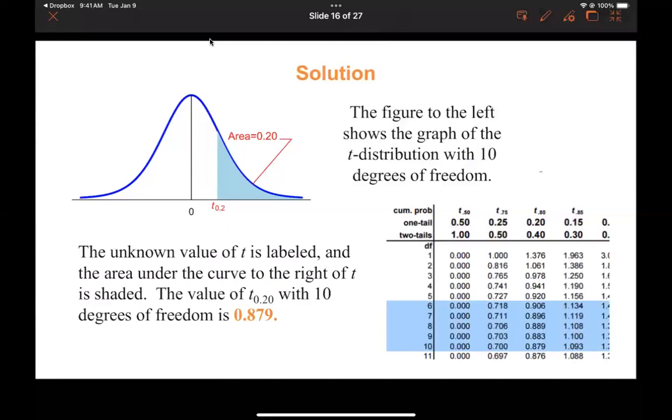Because there's so much variability in sample data, we want to give some wiggle room. It's the same reason we divide by n-1 when we're calculating sample standard deviation. Because there's that variability, we need to account for that by subtracting 1 from our sample size when we're finding our T value.